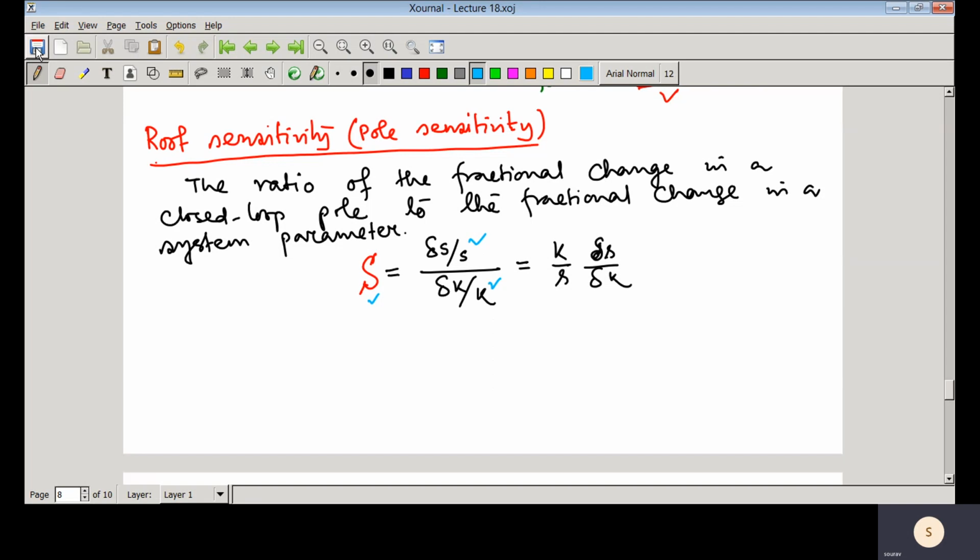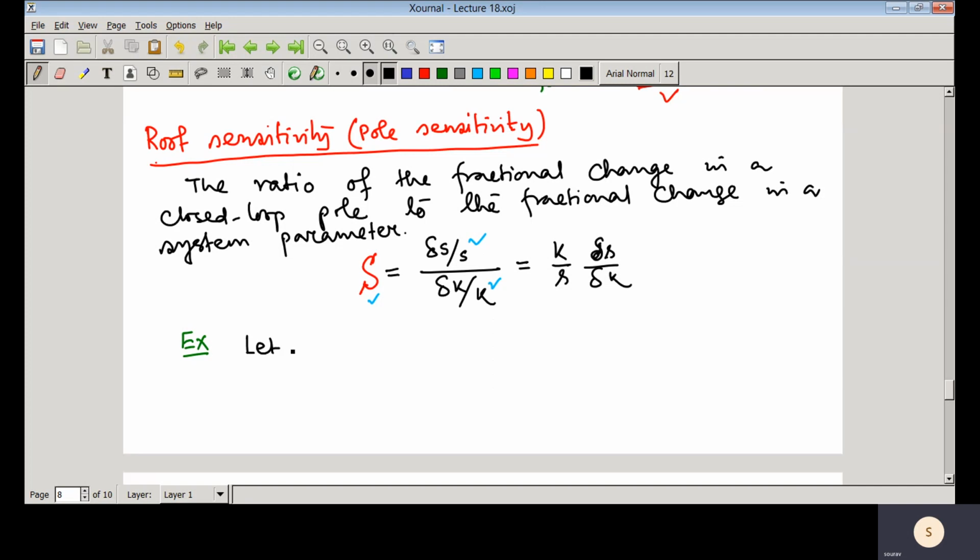Whenever we started discussing root locus, in the first lecture on root locus, we discussed one numerical example. You can see that example, and I am just taking some data from it.